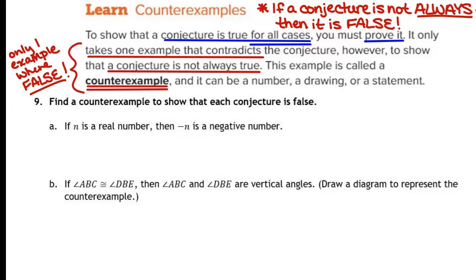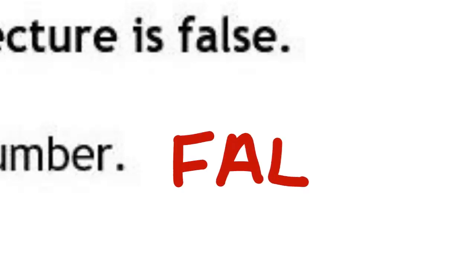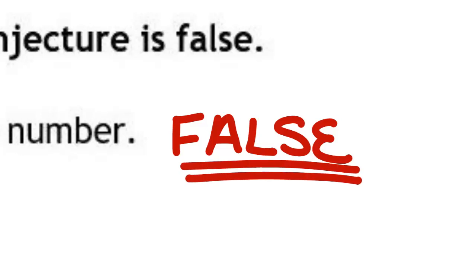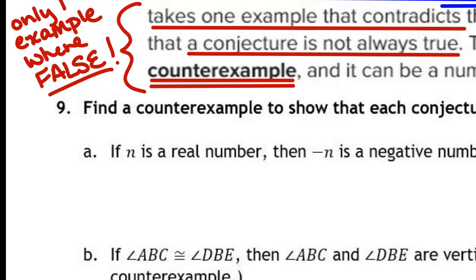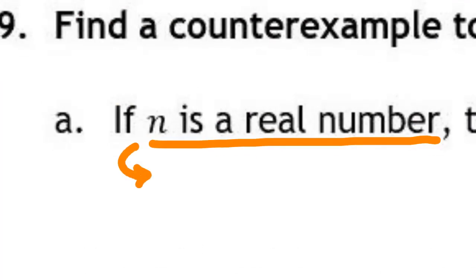Our statement, our conjecture, is if n is a real number, then negative n is a negative number. So we are starting off knowing that this is false. To show that this is false, I want this to be true.